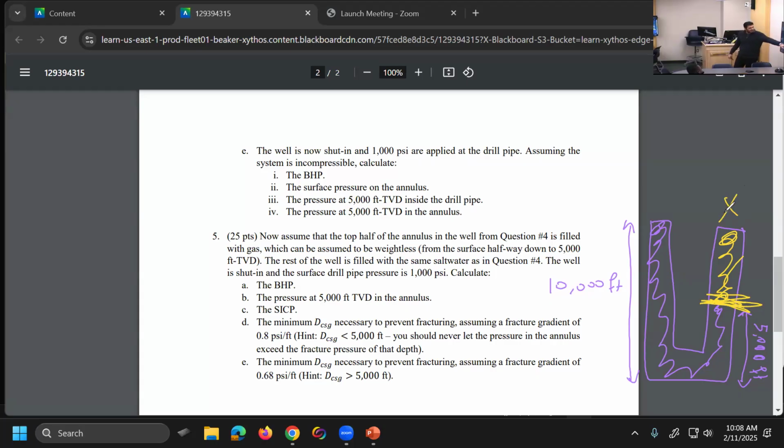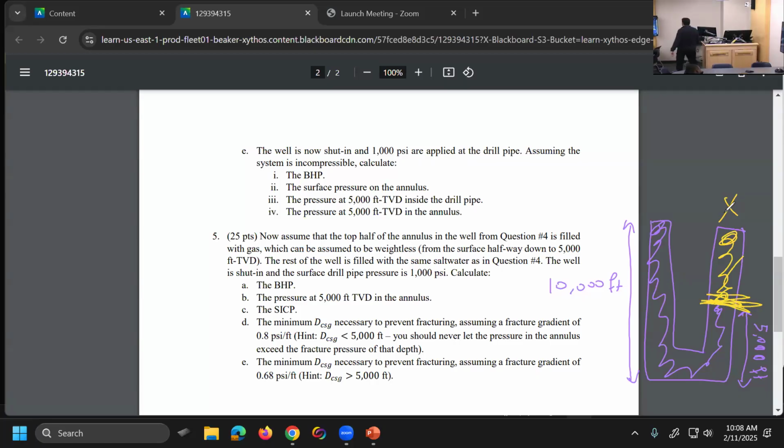The minimum DCSG necessary to prevent fracturing, assuming a fracture gradient of 0.8 psi per foot. Hint, DCSG is less than 5,000 feet. You should never let the pressure in the annulus exceed the fracture pressure at that depth.